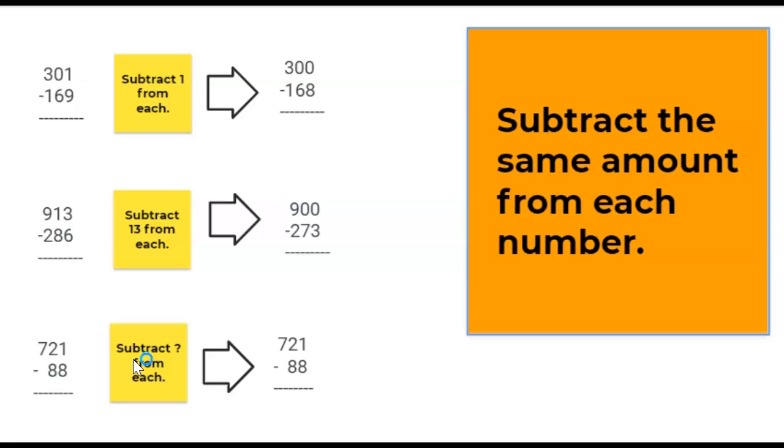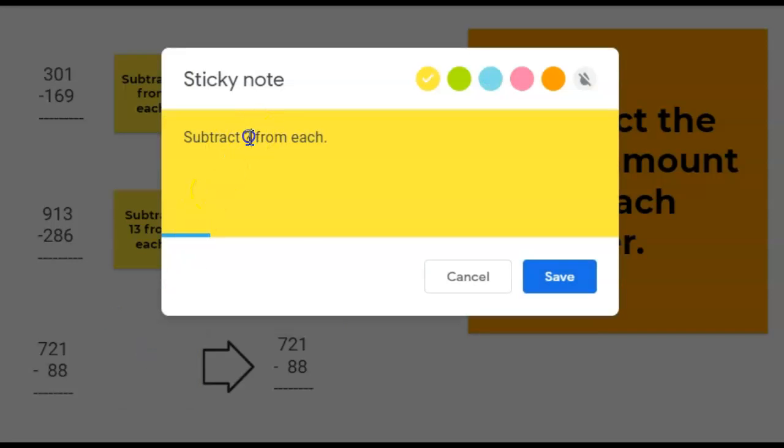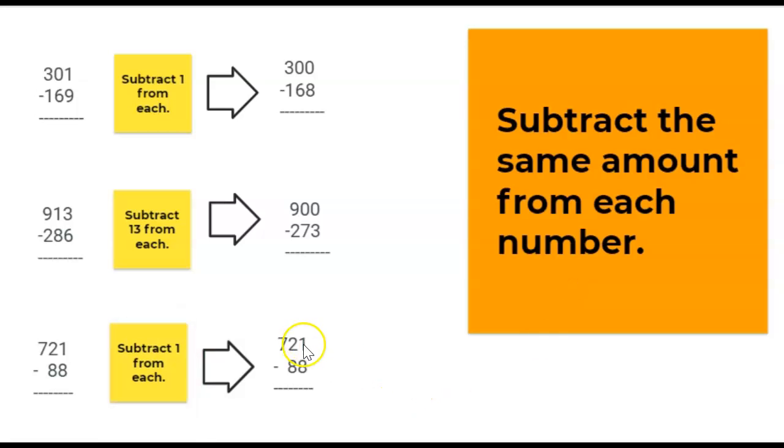In this case, I think I'll just go with subtracting 1. But you really can choose any number you want, whatever makes sense for you. So subtracting 1 from 721, I get 720. And subtracting 1 from 88, I get 87.